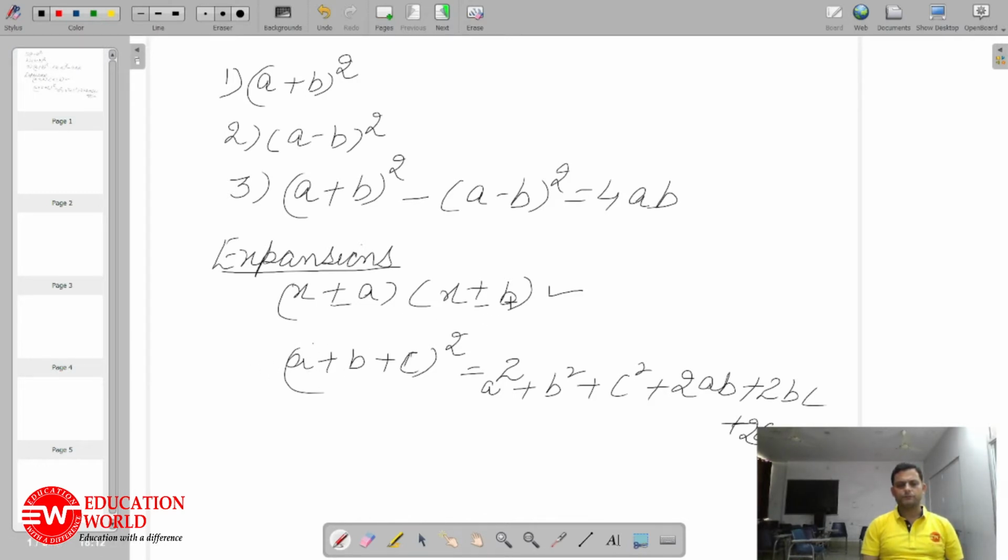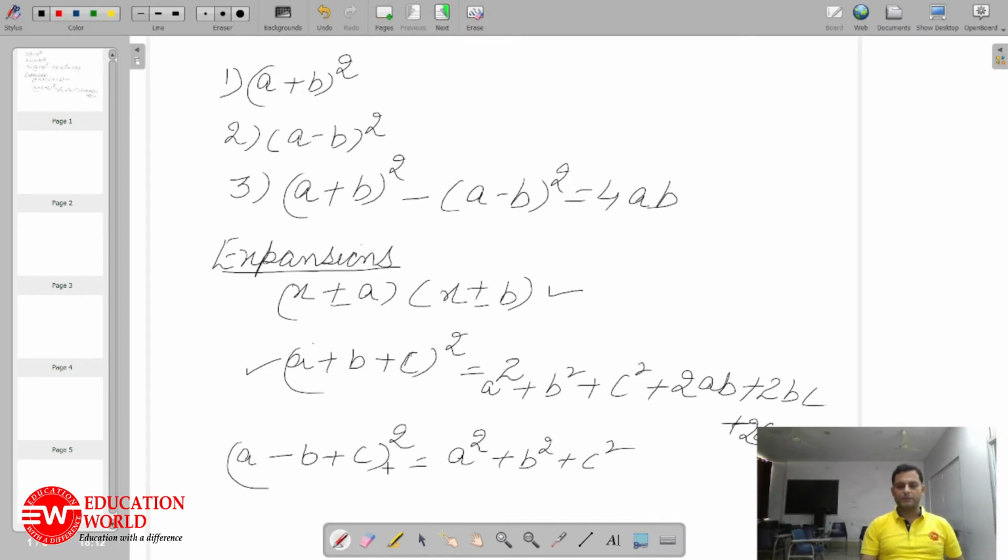This combination we will use. You can also do this directly, no problem, just do the multiplication work, but you have to remember this, because if minus b is put here and plus c is put here, this will change. How can you remember? Square of any term is always positive. If a negative term is there, it is always positive. So the first three terms, whatever the case, will remain positive.